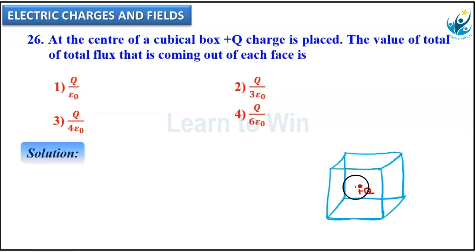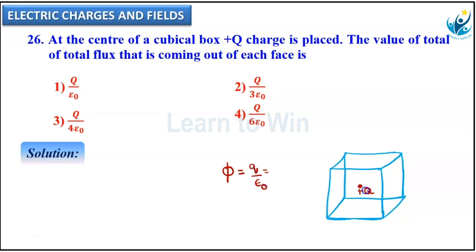Solution. Here, inside this cubical block, a plus Q charge is placed at the center. Now, flux through the total cube is Q by epsilon naught according to Gauss law.